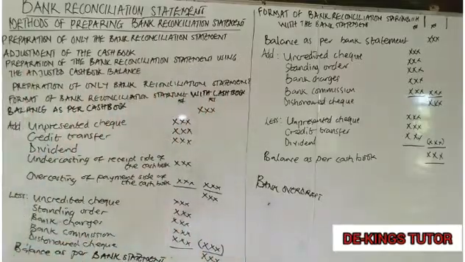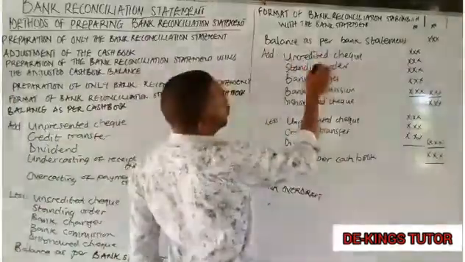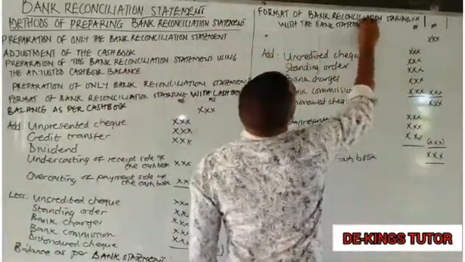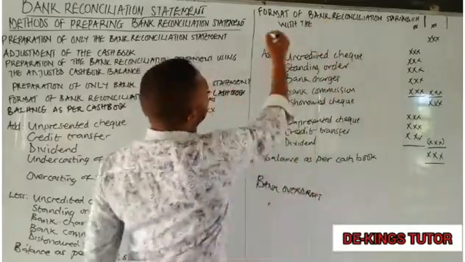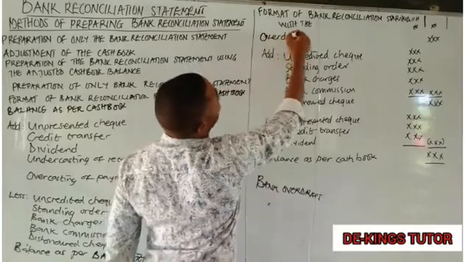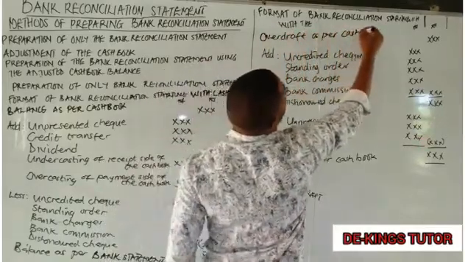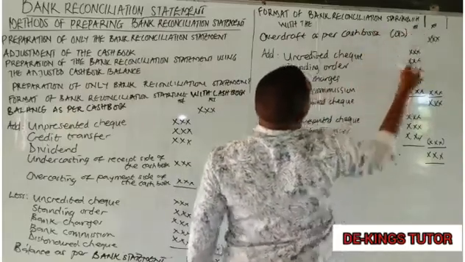Now, what am I saying? In this situation now, for instance, if it is overdraft, that is the cash book is showing a credit balance, now, we will not have bank statement here. It means this format will not be, we'll write something like overdraft as per cash book. In brackets, write OD.